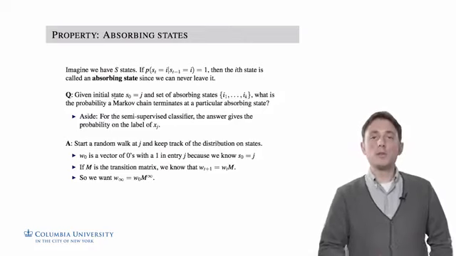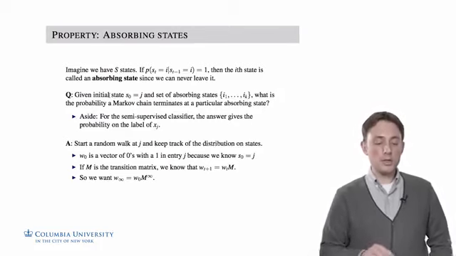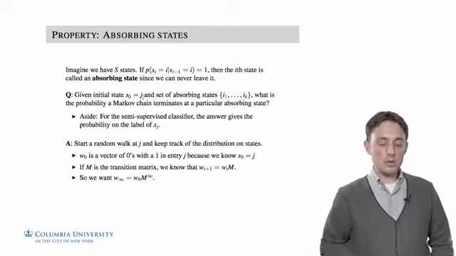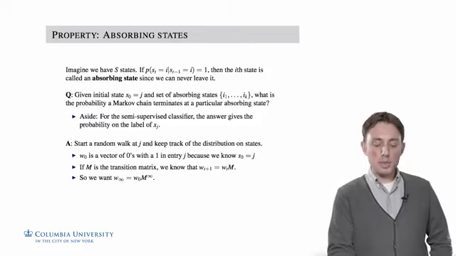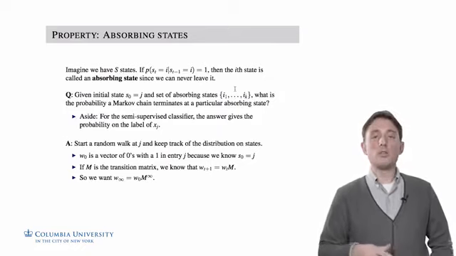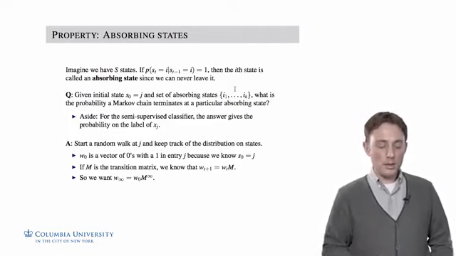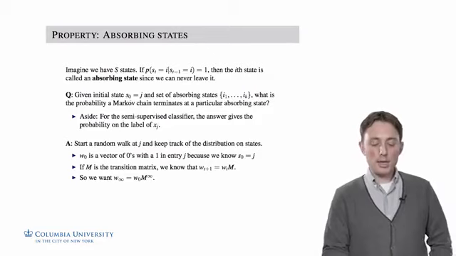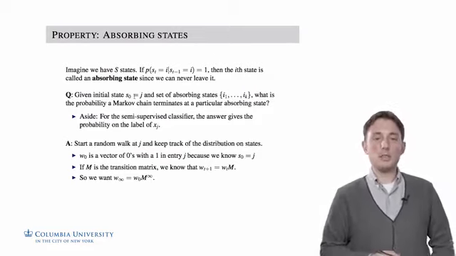So the question now is, for this modeling problem, and in general, in fact, this is a general result: given an initial state, S0 is equal to j. So given that I start in the jth state, given a set of absorbing states with the indices i1 through ik, so imagine we have k absorbing states and these are their indices, and also given a Markov transition matrix M, what is the probability that the Markov chain terminates at any of these particular absorbing states, given that we've started at state j?